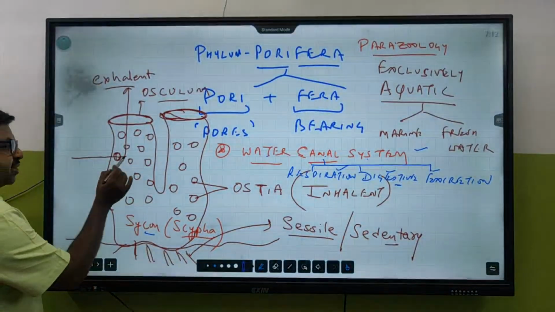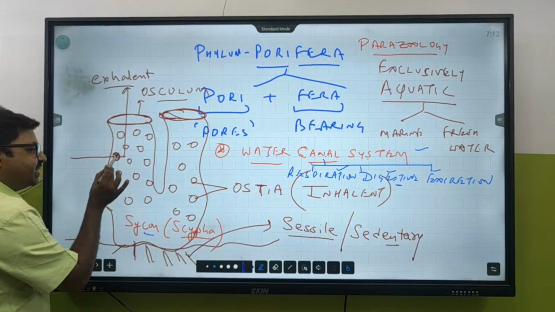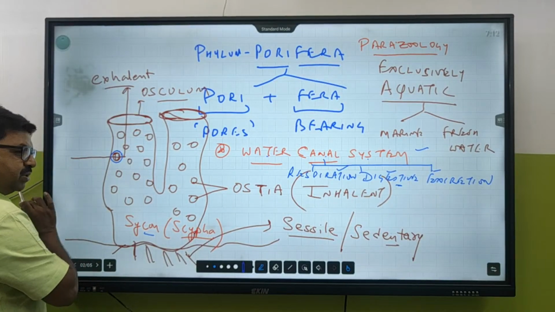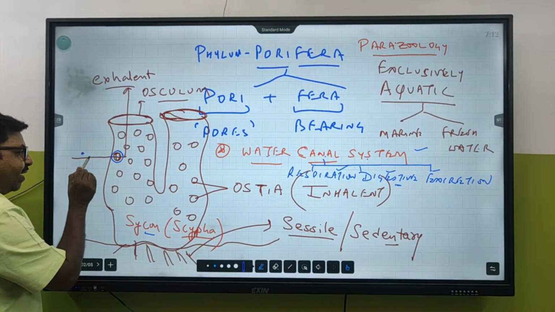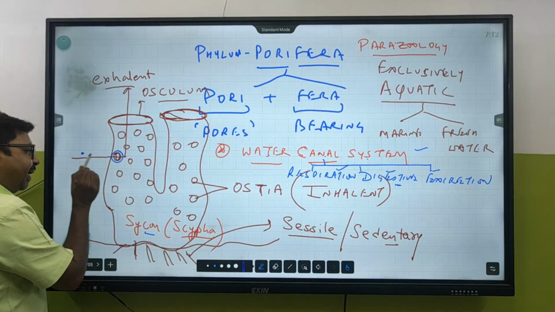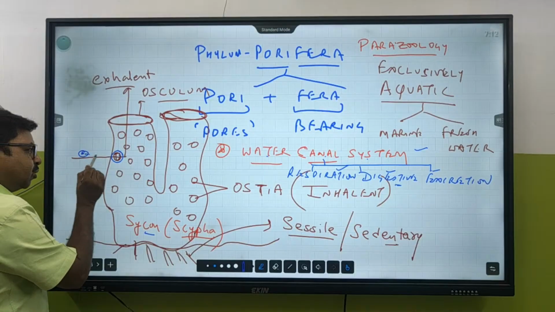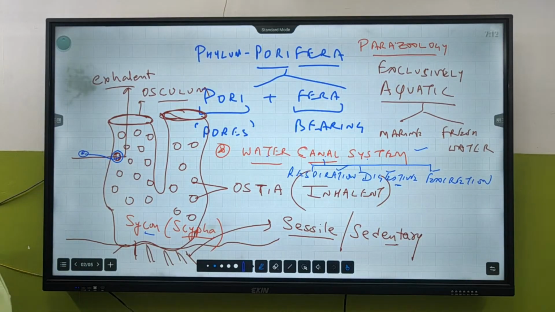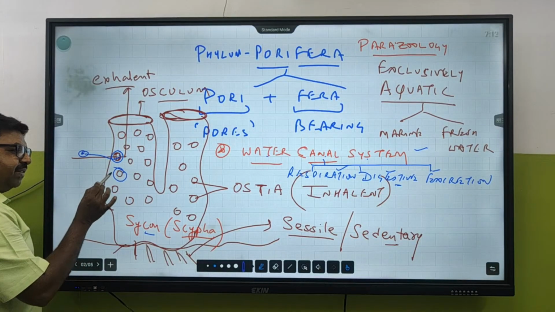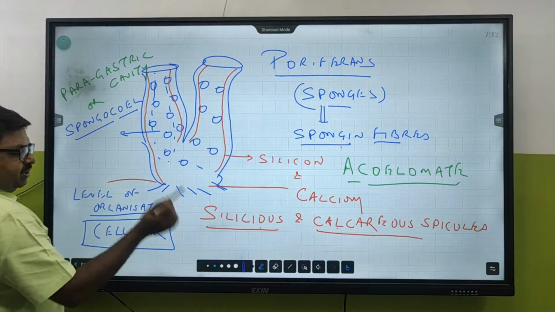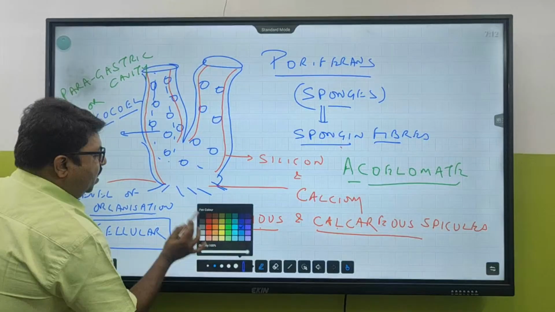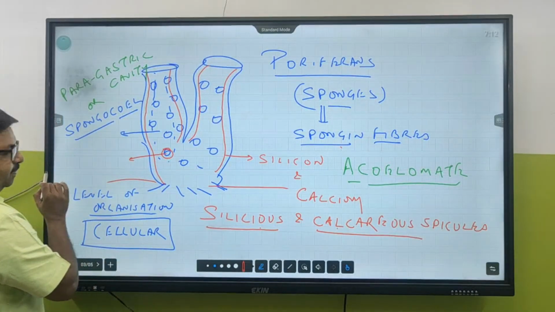Let me talk about digestion. If we see this particular structure, what is this? Ostia, the opening. When water gets inside, the food can also get inside with this water. Encircling this ostia, there are some special cells which help in trapping the food.